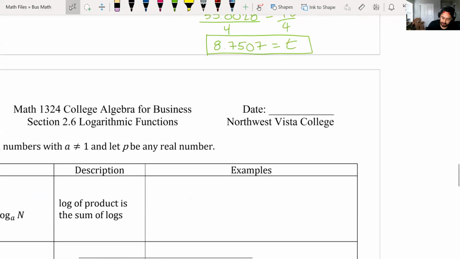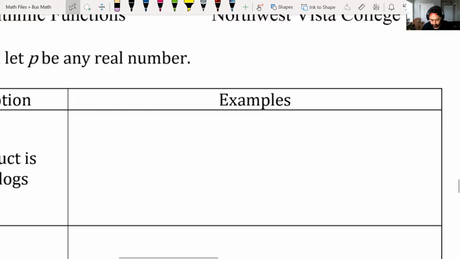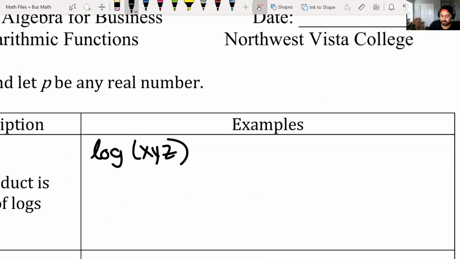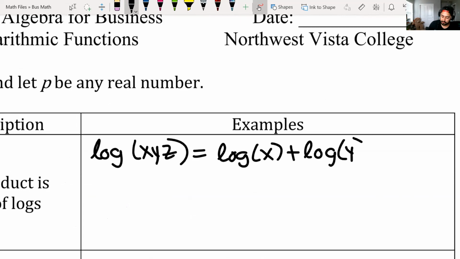Now let's try an example. So let's say I have the log of x times y times z. This becomes log x plus log y plus log z.